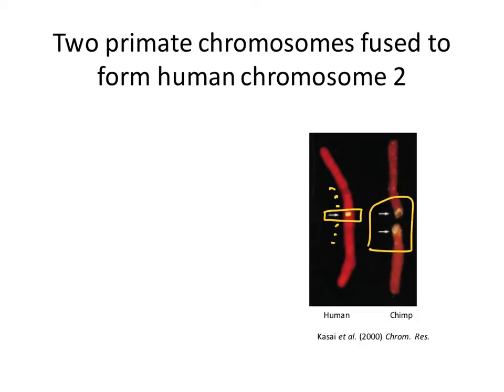Where that probe identifies a single spot on our chromosome 2, but it hybridizes to the ends of 2 different chimpanzee chromosomes. So that's how they knew exactly where on our chromosome 2 chimpanzee chromosomes fused.